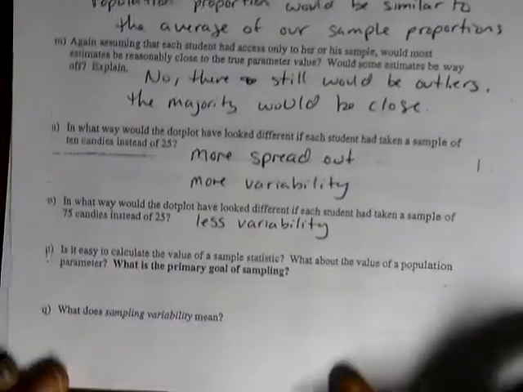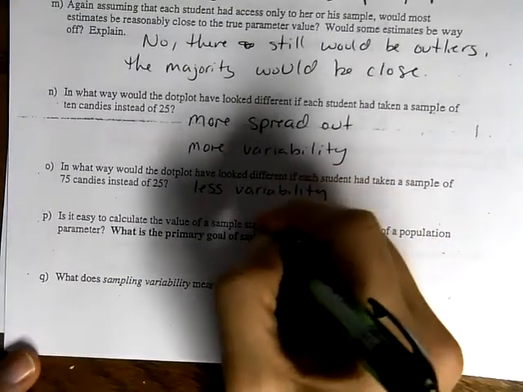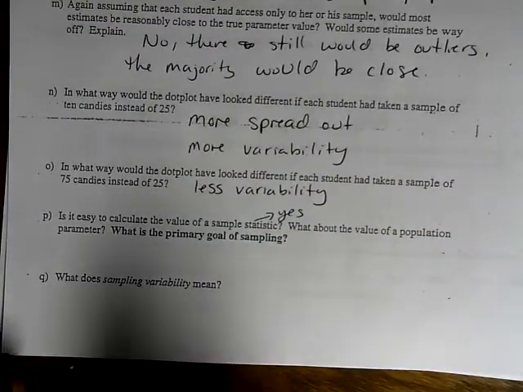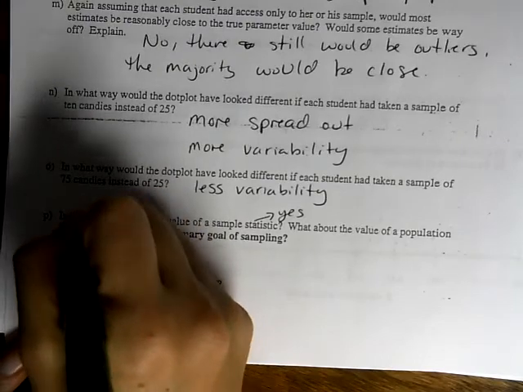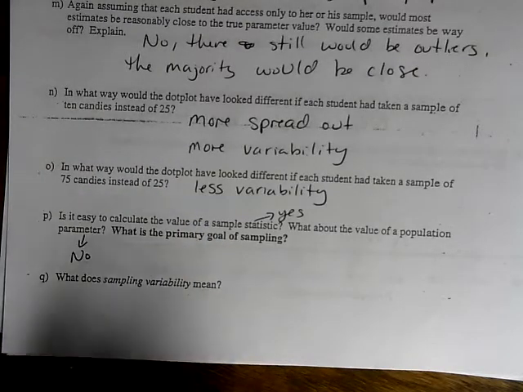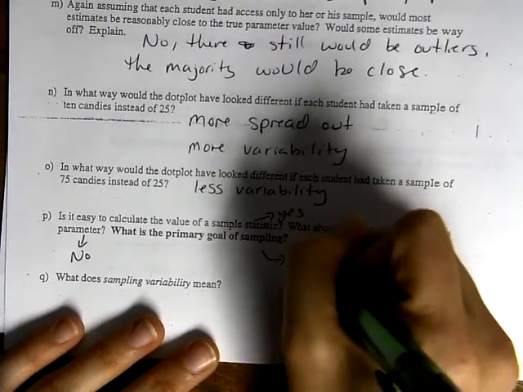Is it easy to calculate the value of a sample statistic? Yes. What about the value of the population parameter? Not unless you have Google, and you can look it up. So what's the primary goal of sampling? This is a big thing for second semester.